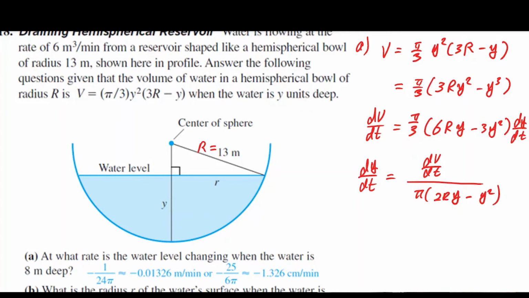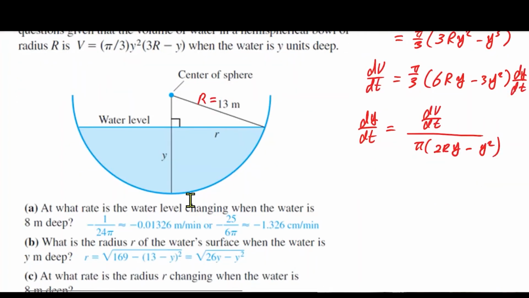Okay, that's part A. Part B. We have to find the relationship between radius and y. Okay, the Pythagorean theorem will work. So this is r minus y now, isn't it? That much, 13 minus y.